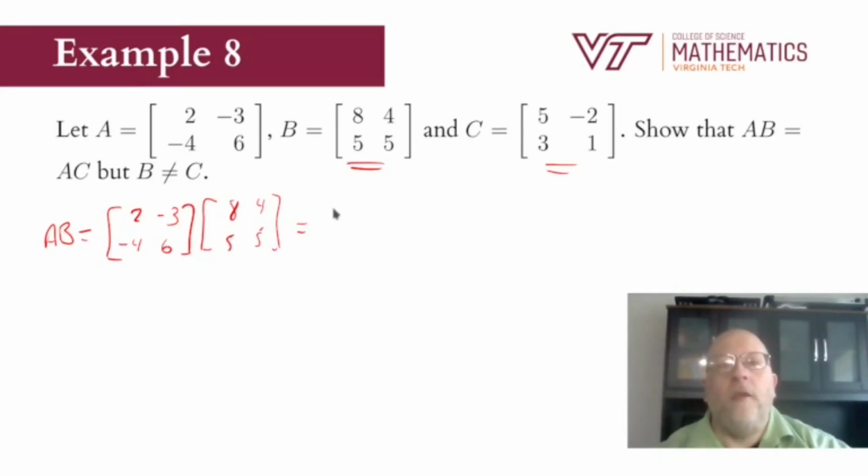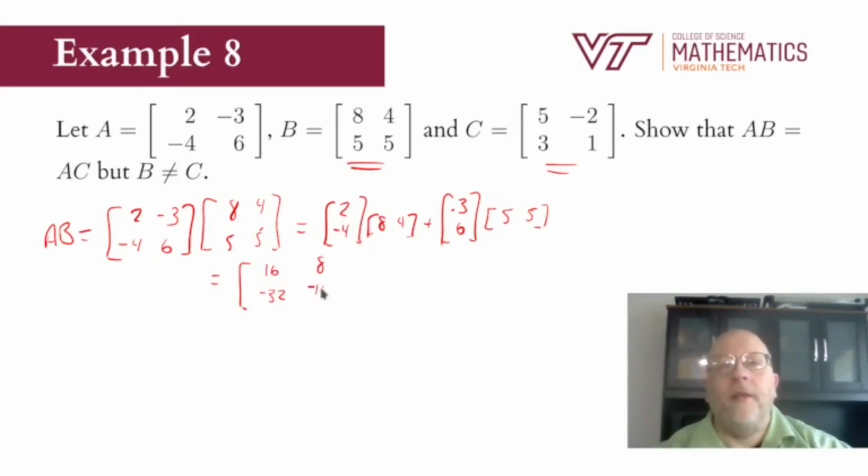When we apply the column-row rule, we get 2, -4 combined with 8, 4 and -3, 6 combined with 5, 5. So 2, -4 times 8 is 16, -32. 2, -4 times 4 is 8, -16. -3, 6 times 5 is -15, 30.